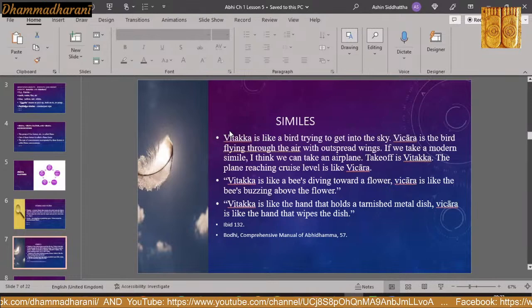Then the bees, which are going to collect the honey, make the honey. First, they dive towards the flower. That diving is like a vitakka, like diving to the object.